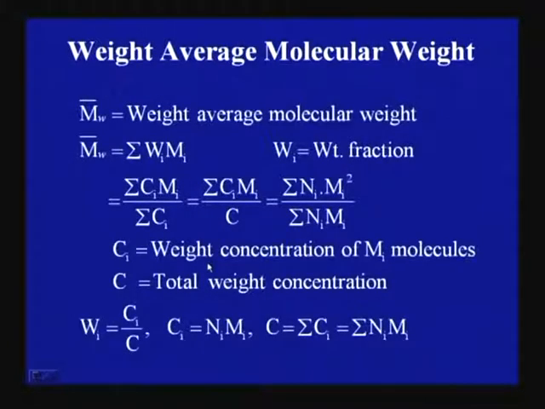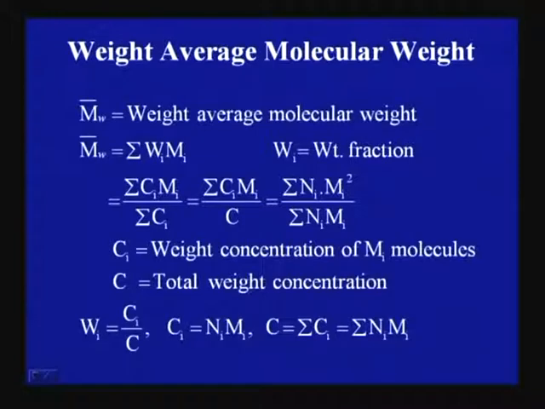Weight average molecular weight is obtained by measuring the weight of individual molecules or individual fractions. In the last class I told you how you can fractionate a polymer sample.